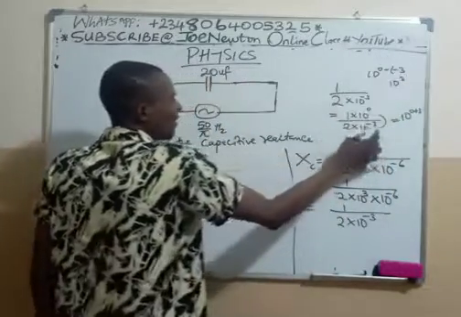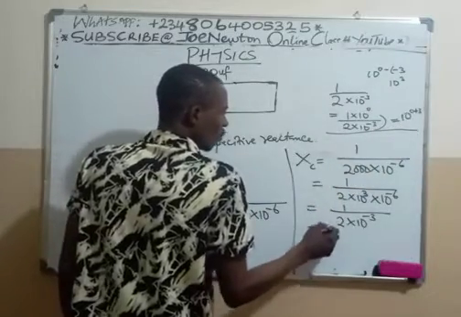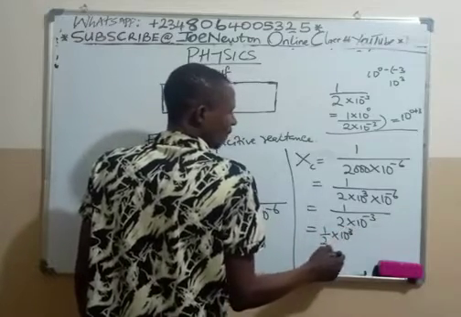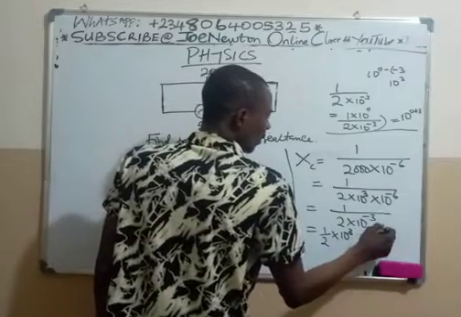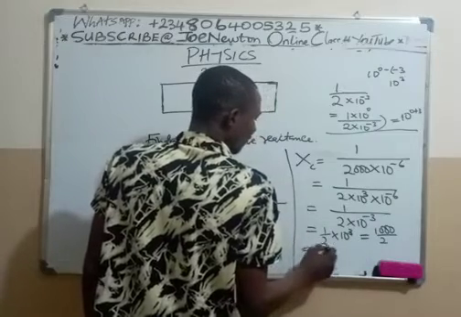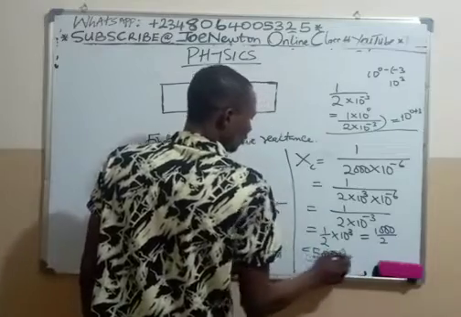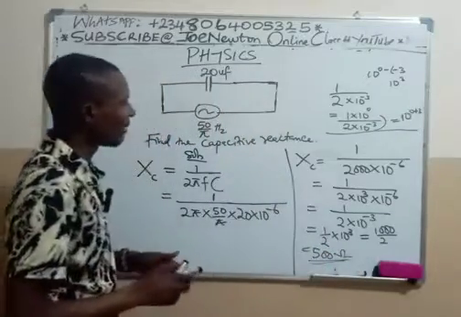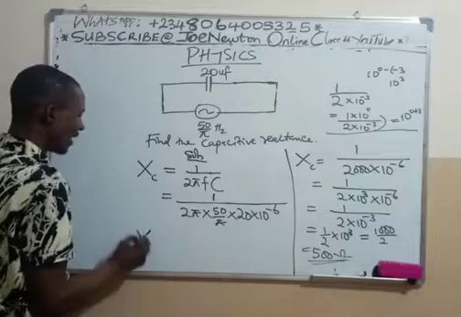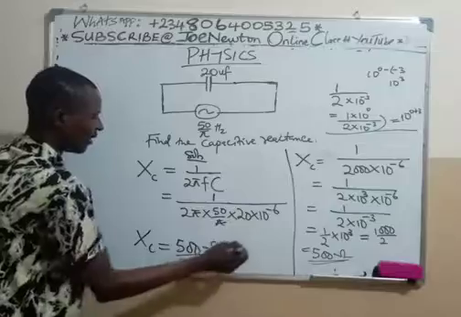So using this analysis, it will become 1 over 2 times 10 raised to the power of 3, which is equal to 1000 over 2, which will give us 500 ohms. So the capacitive reactance is 500 ohms. Our XC then is equal to 500 ohms is the answer.